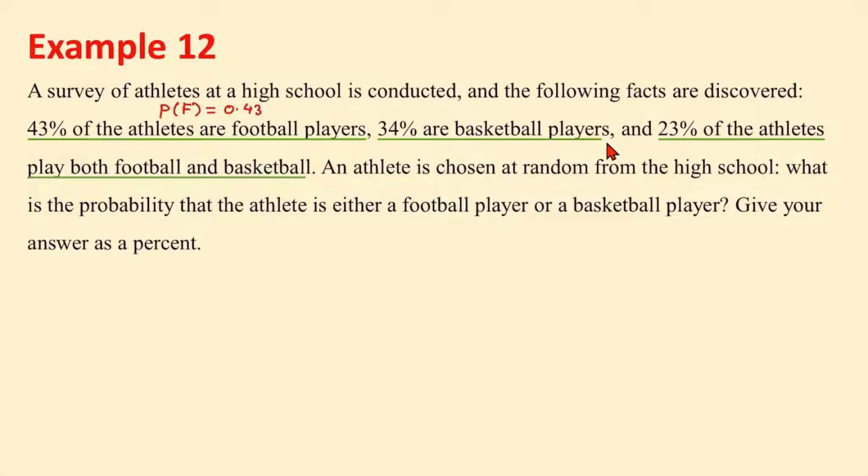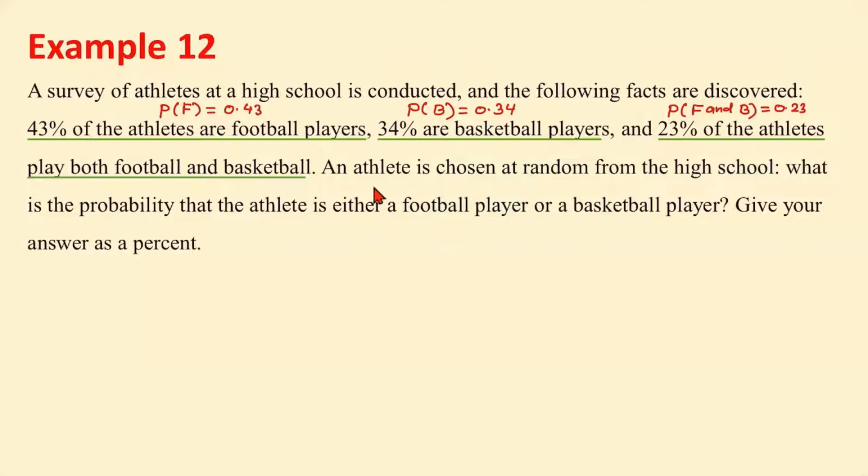That means the probability that a randomly selected athlete is a basketball player is 0.34. And similarly, 23% of the athletes play both football and basketball. That means the probability that an athlete plays football and also basketball is 0.23. So this is given to us.